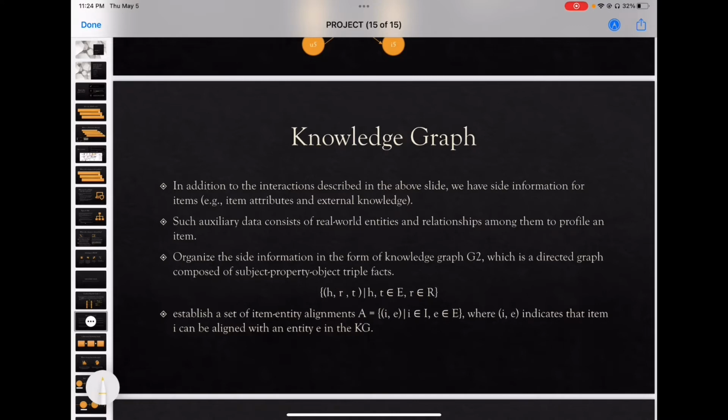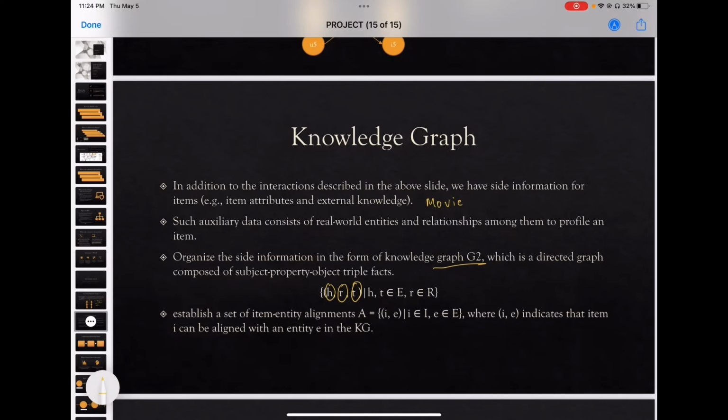For example, a movie is defined by its director, cast, and genre. We organize the side information in the form of a knowledge graph G2, which is a directed graph composed of subject, property, object triple facts. So H would be the subject, R is the property, and T is the object.